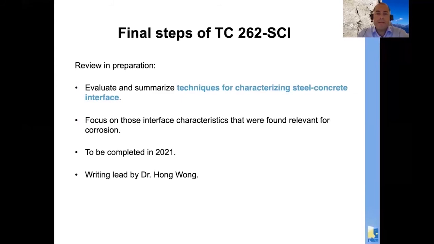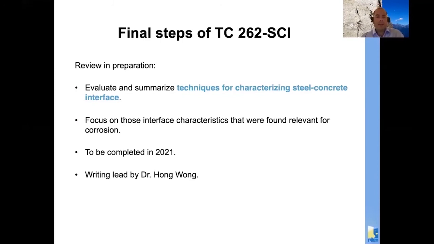So we would like to evaluate and summarize the state of the art on this today and highlight what would need to be improved in order to deliver the tools needed to better study corrosion initiation in concrete. In doing so, we will only focus on those interfacial characteristics that were found to be relevant for corrosion, such as, as I mentioned, the moisture content.